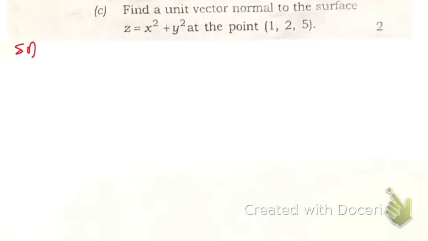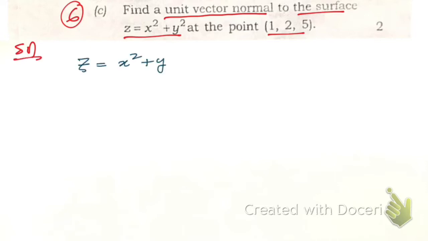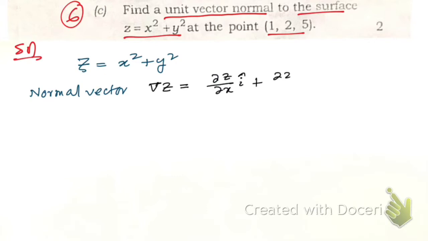Now this is 6c. Here, find the unit normal vector to the surface of this at this point. So first let us find the normal vector here. z is equal to x square plus y square. So how to find a normal vector? The normal vector is equal to grad z. So let's find the gradient here: del z by del x i cap, del z by del y j cap, and del z by del z k cap.